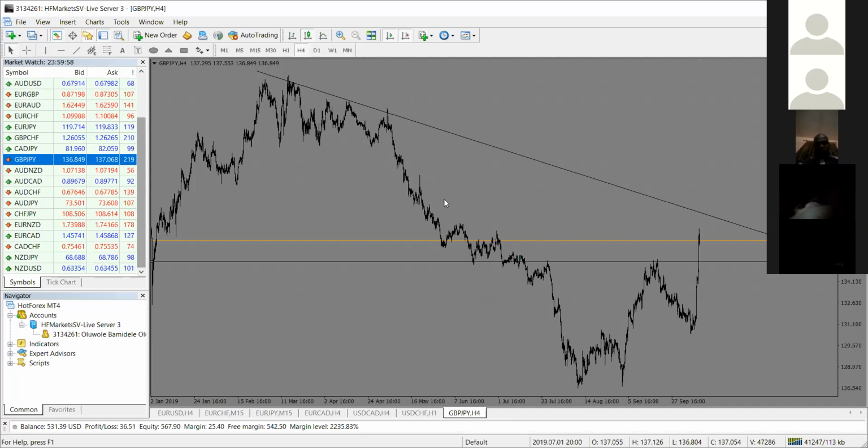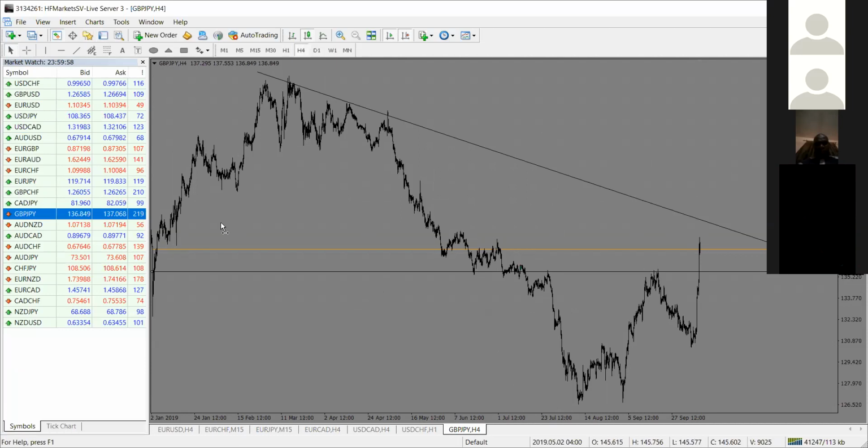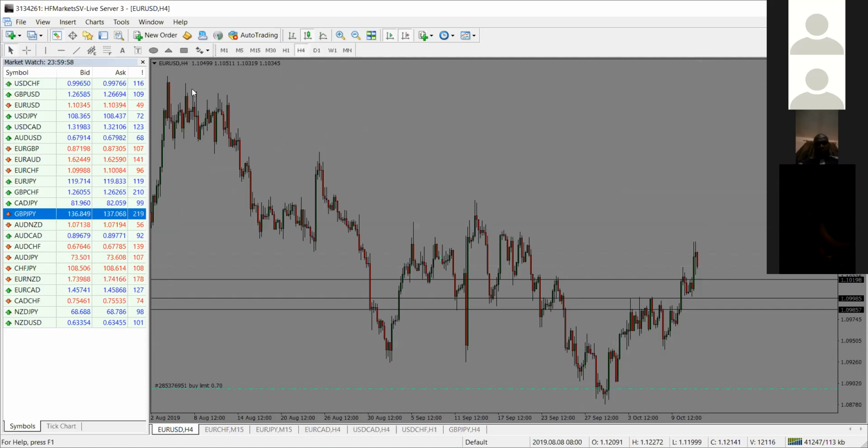Okay. So the same Euro USD, I can show you. This Euro USD, my MetaTrader 4. Okay. So I could have done exactly the same thing there.